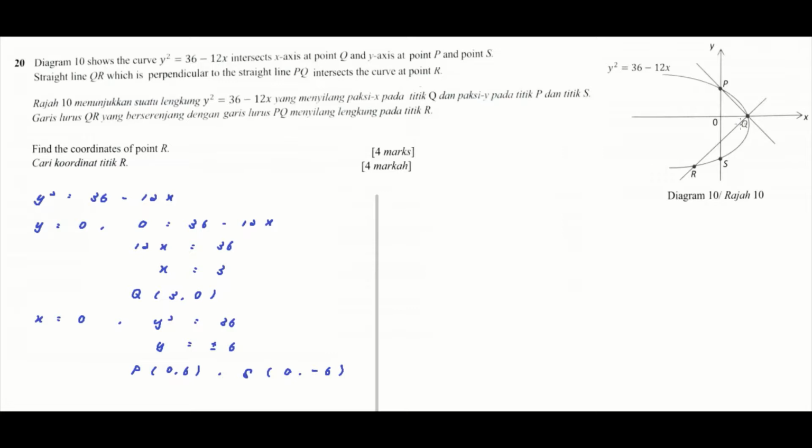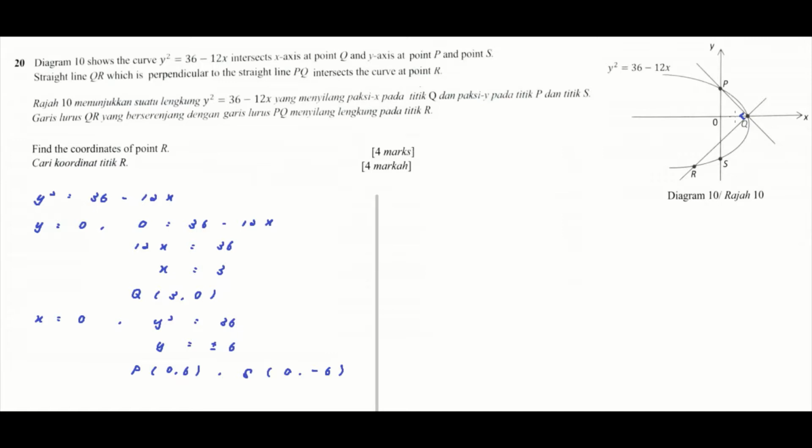So I cannot proceed with creating my own equation for RQ. But I have one piece of information, which is that the line QR is perpendicular to the line PQ. So which means if I can find the gradient for PQ, then I can find the gradient of RQ, right? By using the relationship M1 multiplied by M2 equals -1.